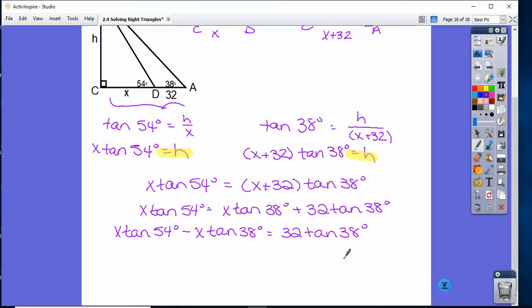We can't combine these, they're not like terms, so what could you do? Take the X out. And then you have X times something, so we can divide.